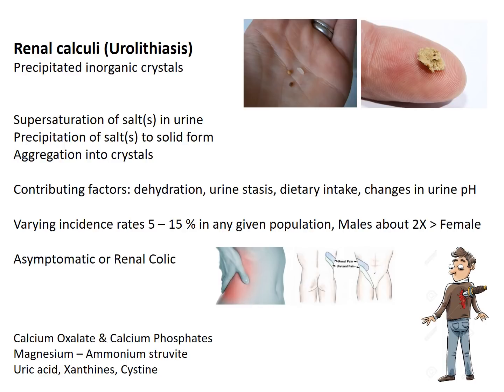Some individuals can be completely asymptomatic. So if there's renal stone precipitation, but there's no obstruction, the person may not even be aware of it.